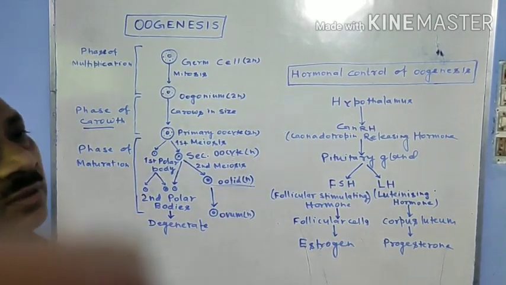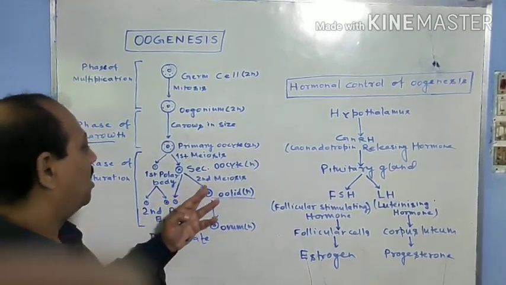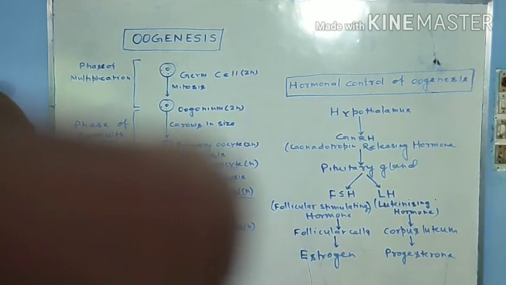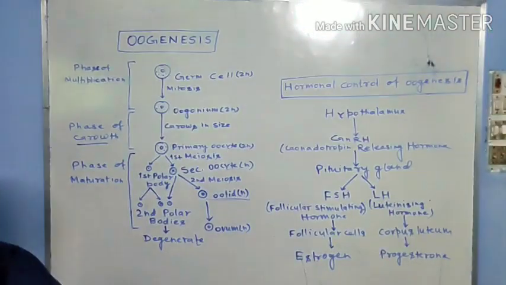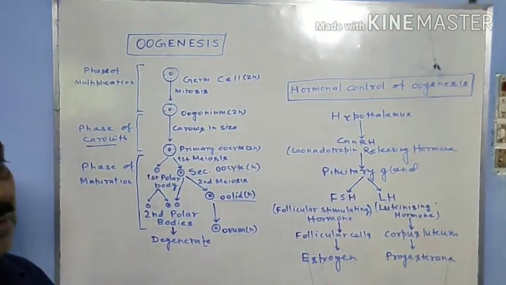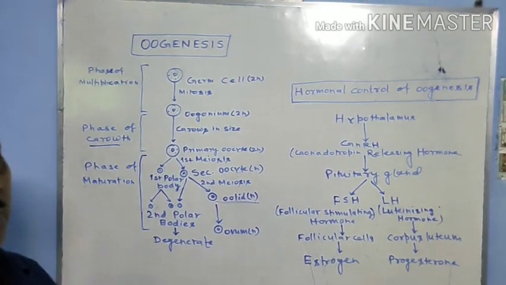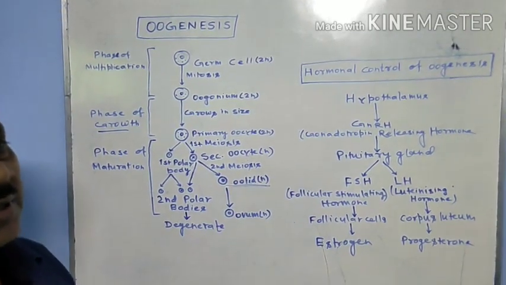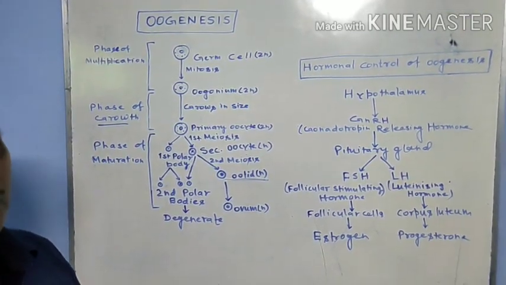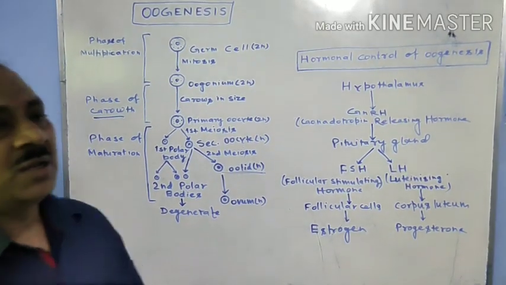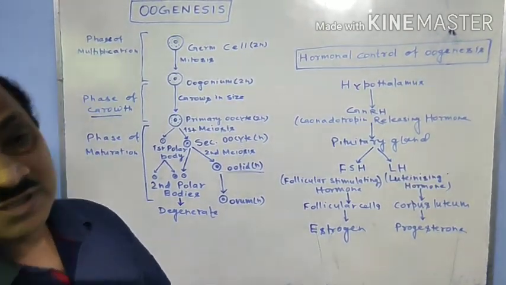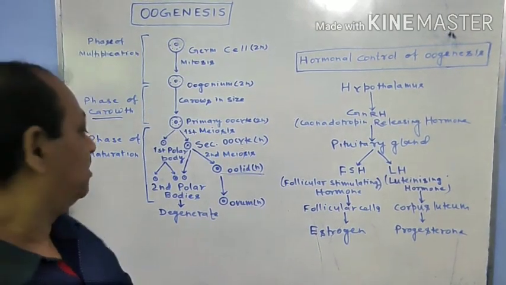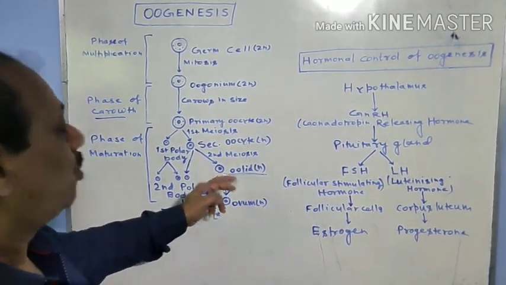So in human beings, ovum is released in the form of secondary oocyte because the second meiotic division remains suspended, and it completes in the oviduct when a sperm penetrates the ovum.